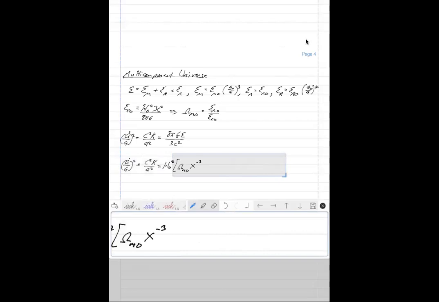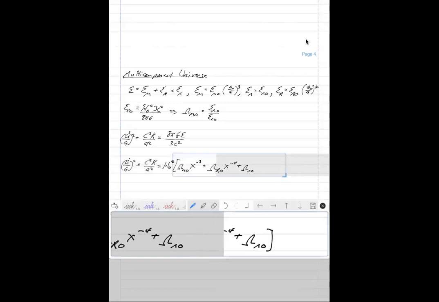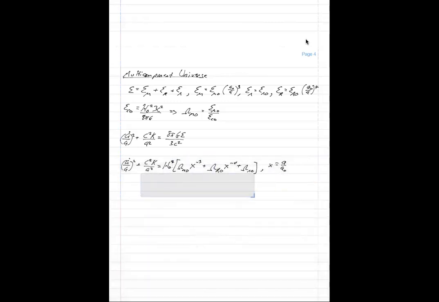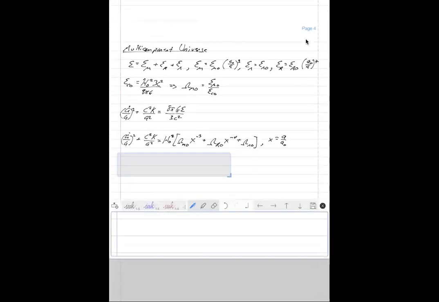Plus omega radiation 0, x to the minus 4, plus omega lambda 0. And once again, x is equal to A over A0. So this is the multi-component form of Friedmann's equation.